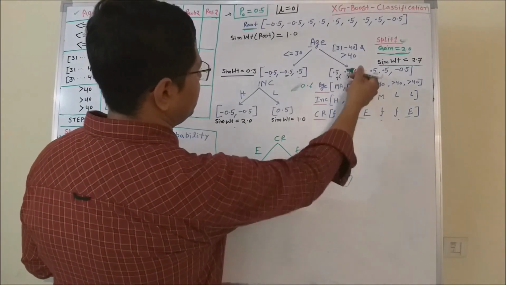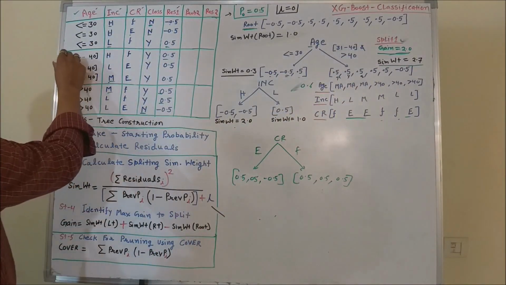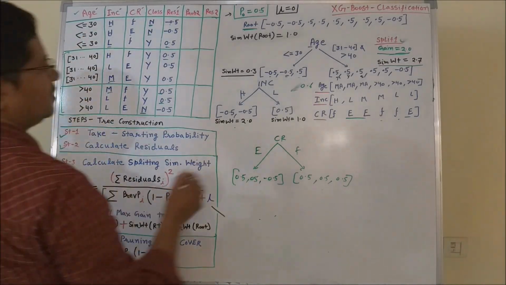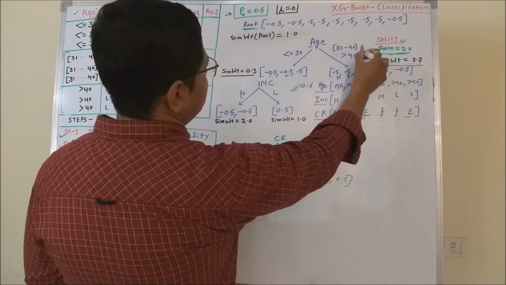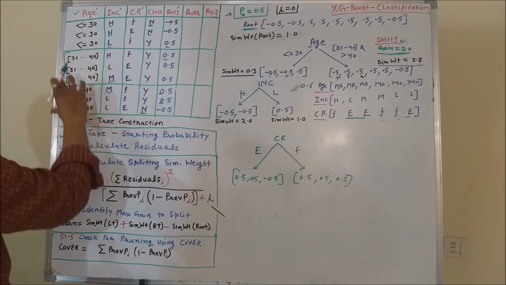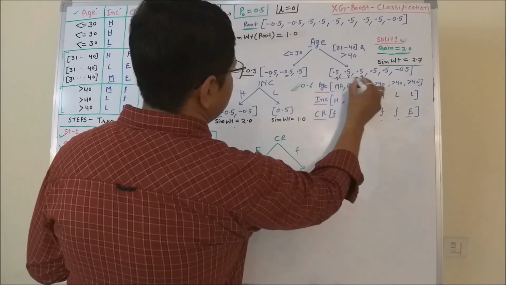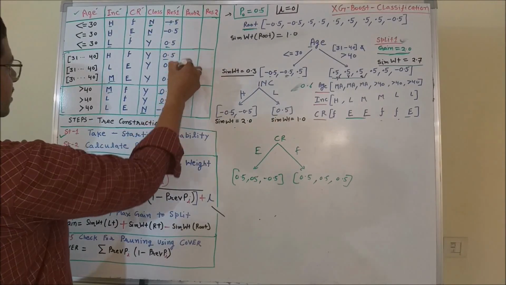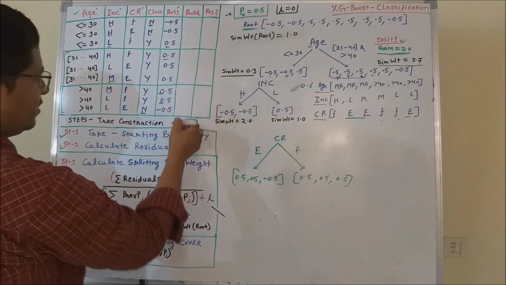Now you may wonder where we are getting all those values from. Based on these records, for example, we have used age between 31 to 40 and greater than 40. So 31 to 40 will come under this bracket, greater than 40 will come under this bracket, and these three residuals are actually coming from here, and these three residuals are coming from here.